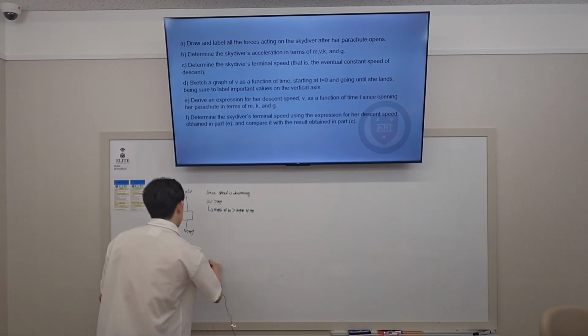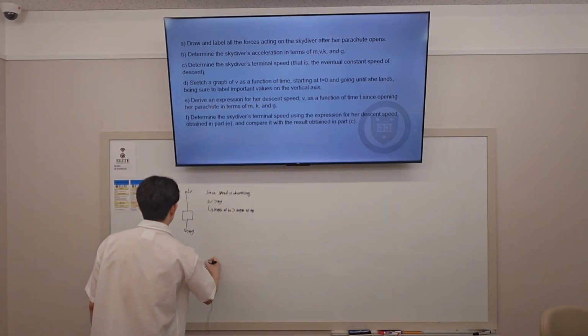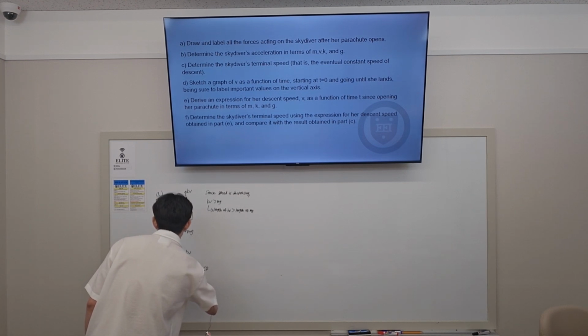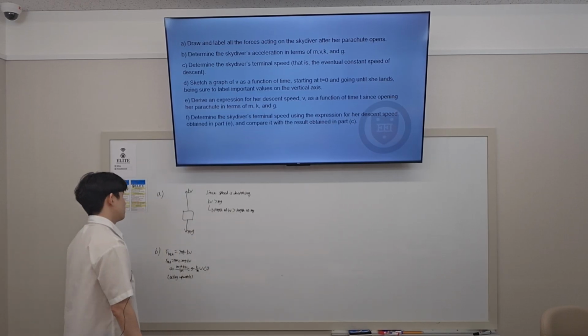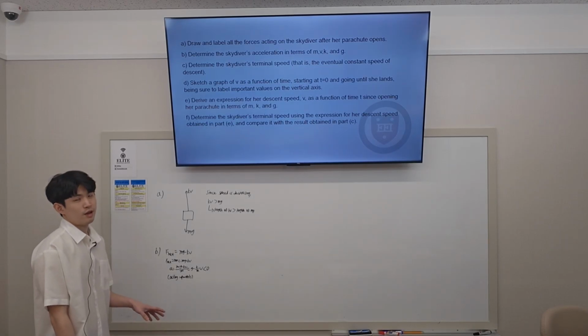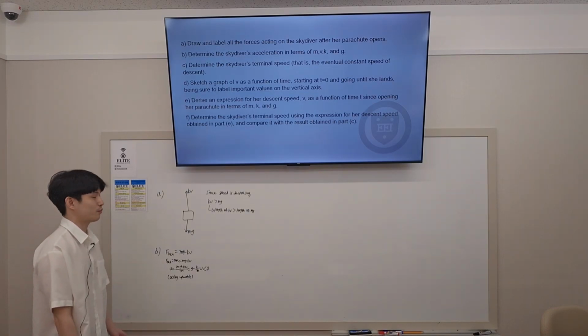And this is negative, which means that acceleration is acting upwards. It makes sense because she's falling down, and if the acceleration acts upward, then she has to slow down.